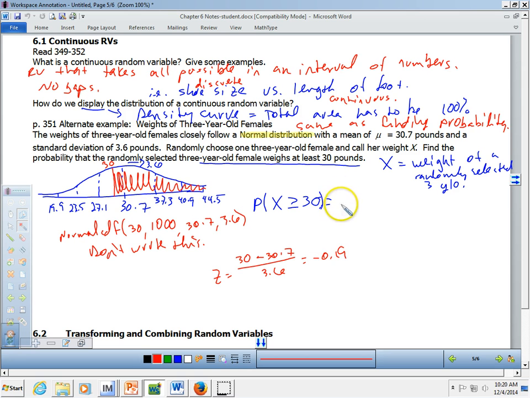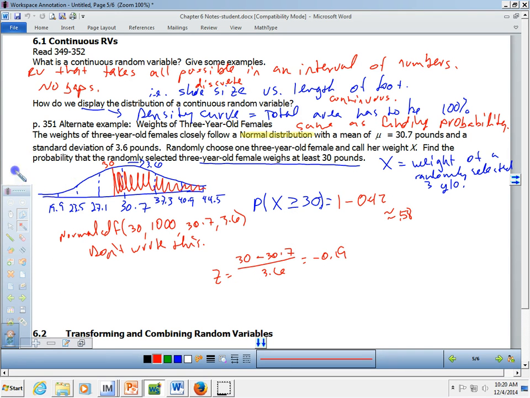And so this would be 1 minus this value, right? And I'll let you go look that up, okay? But that should be somewhere pretty close to 0.42. And so we're going to be pretty close to 0.58 as the probability of randomly choosing a 3-year-old female and she weighing more than 30 pounds.